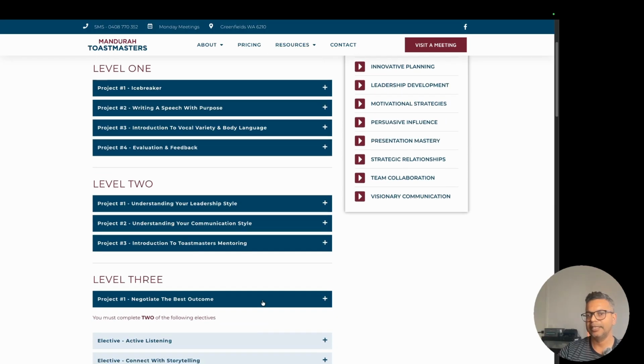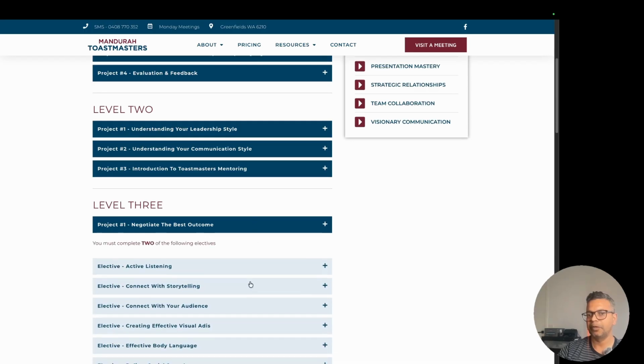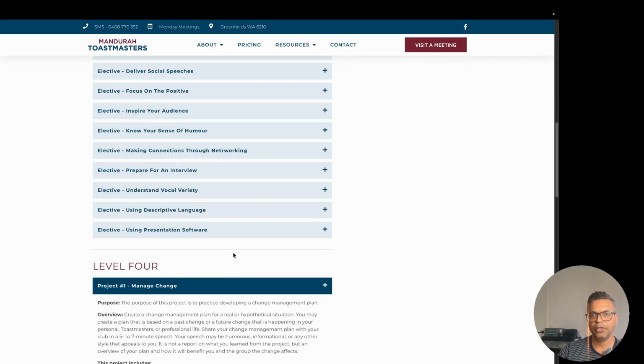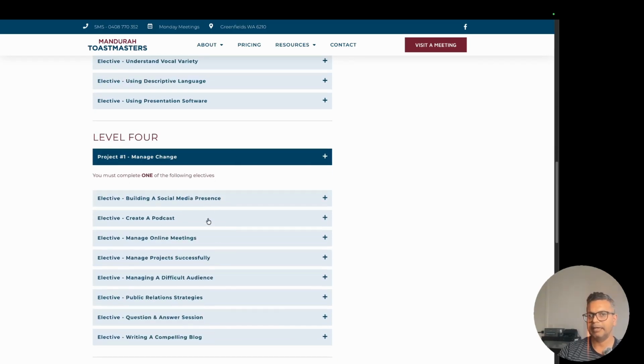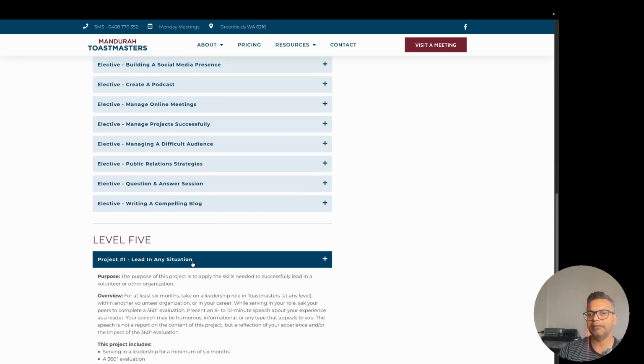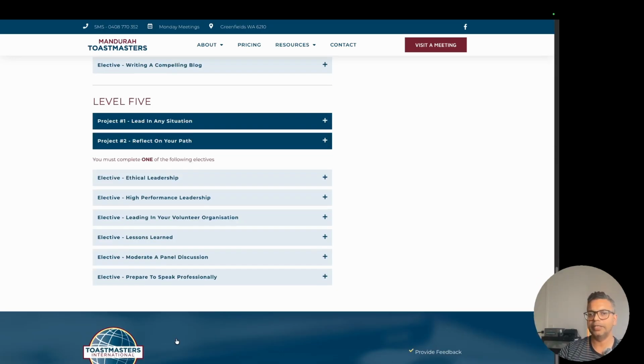Level 3 is negotiate the best outcome, and you have to pick 2 electives. In level 4, you focus on managing change, and you pick one of the electives here. And finally, level 5 is lead in any situation, reflect on your path, and pick one of these projects. That, my friend, is dynamic leadership.